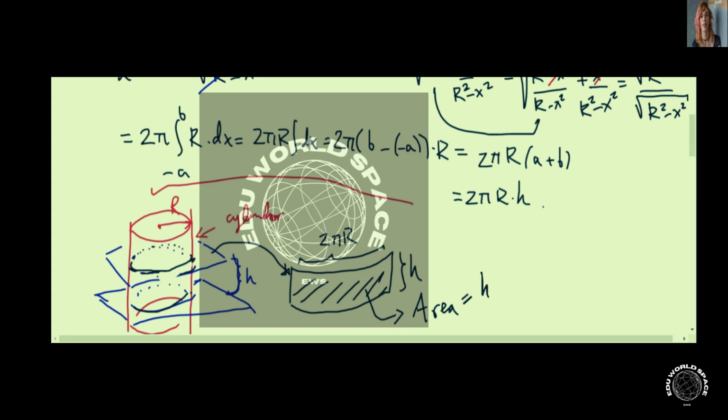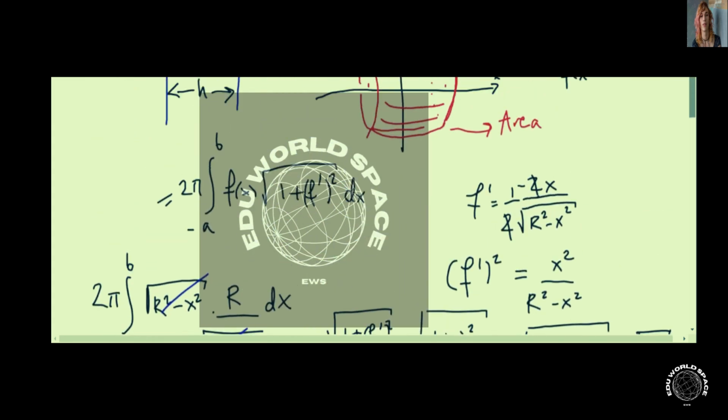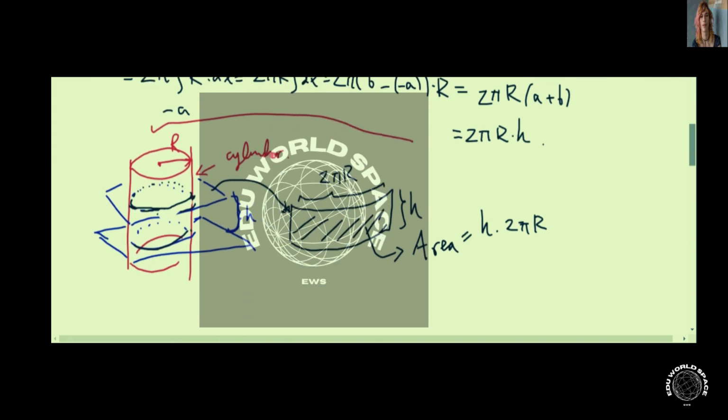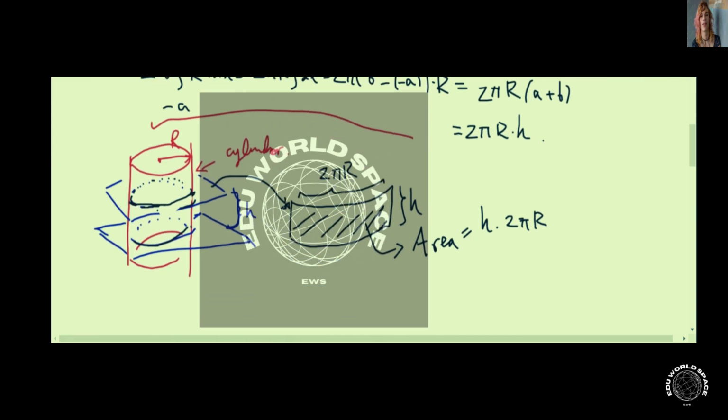Since it is a rectangle, it's going to be h times 2 pi times r, which is the same area as if we cut a sphere by two parallel planes that are separated at a distance h. So both areas are equal. Well, this is the same up to just reordering the numbers. It is the same.